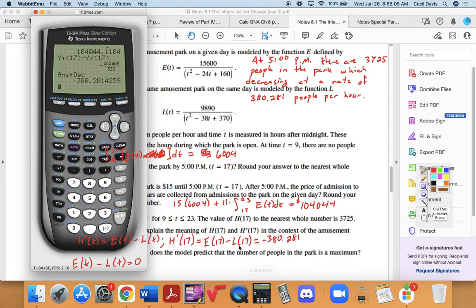So I'll go back to my calculator. I'm going to go to y equals, and I don't want to type all that, so I'm going to go y1 minus y2. And I'm going to turn the other two off. Go over the equal sign and hit enter.